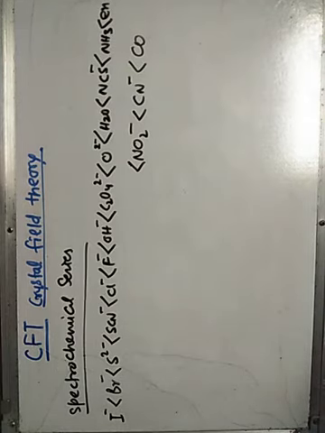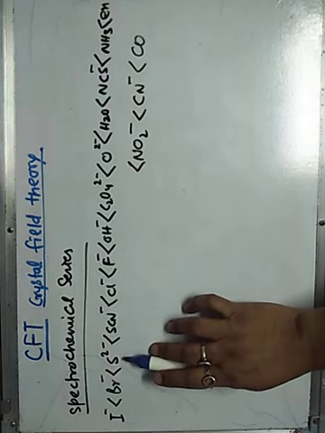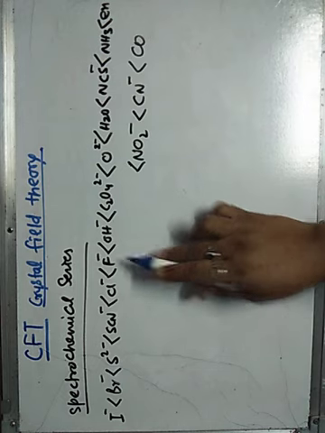Well, you see that there is the spectrochemical series, and the spectrochemical series gives the idea of where the weak ligands and the strong ligands are. So you see that I negative, Br negative, S2 negative, SCN negative, Cl negative, F negative.